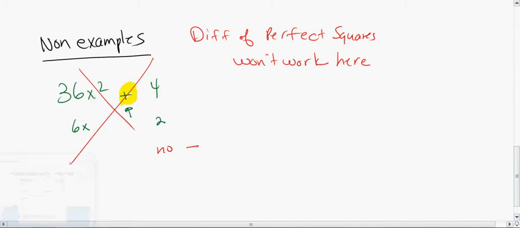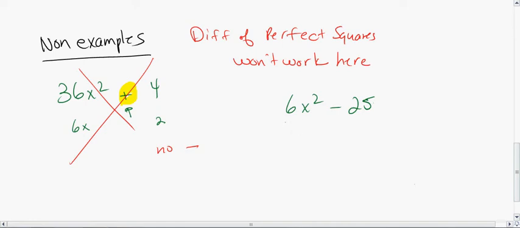Let's try another one. How about this one? 6x squared minus y. Well, let's do better than y. How about minus 25? All right, go down the checklist. 2 things? Yep, 2 terms. Subtracting? Yep, I'm subtracting this time. Do I have perfect squares? Oop, nope, I don't. 25 is a perfect square.